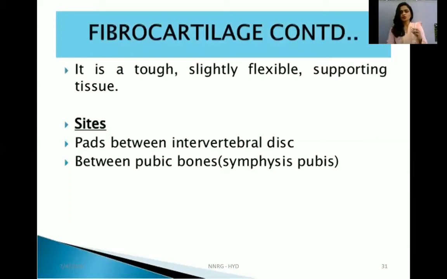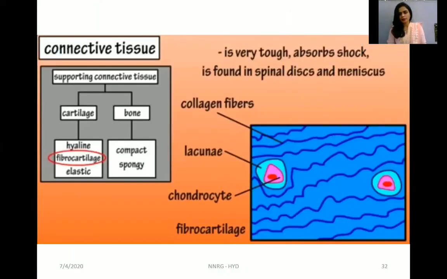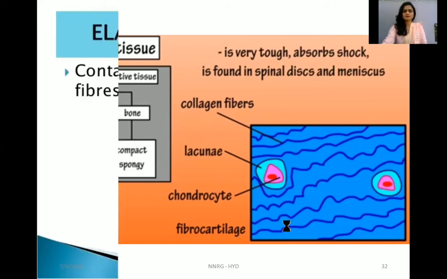It is also present in between the pubic bones. That is the fibrocartilage, wherein you find wavy collagen fibers. Lacunae you will find, and the chondrocytes also, in the lacunae, the spaces they occupy.